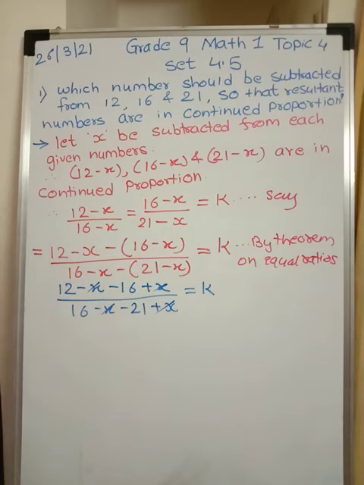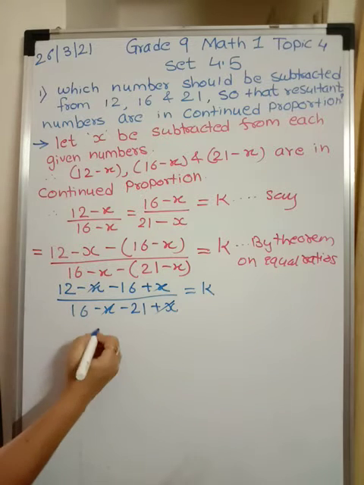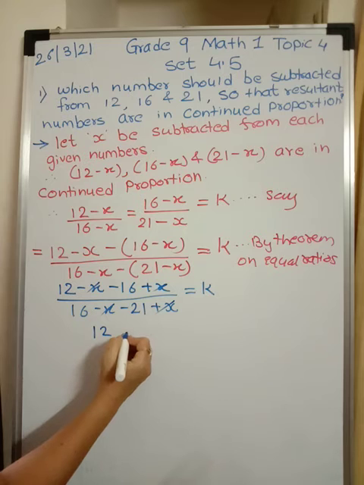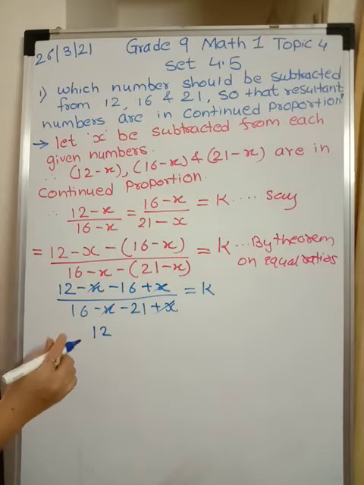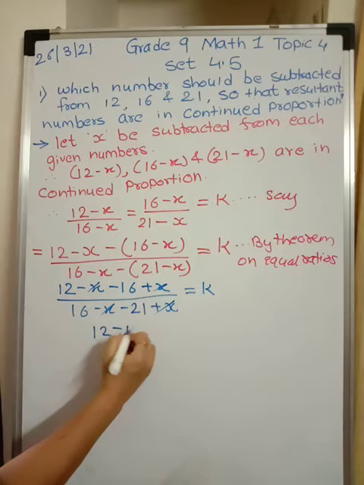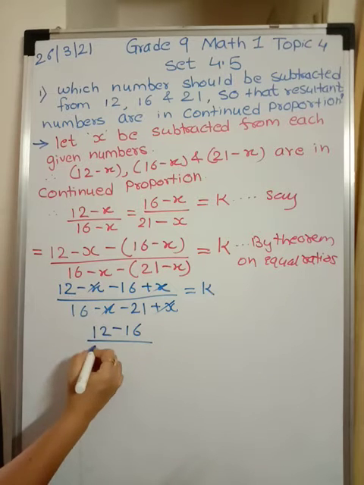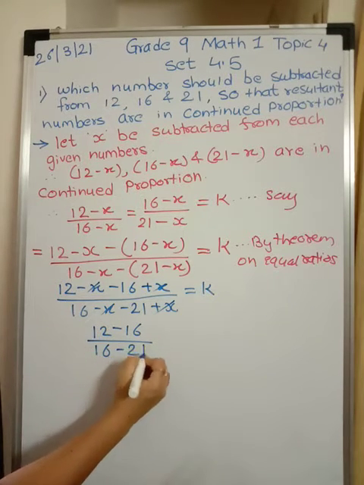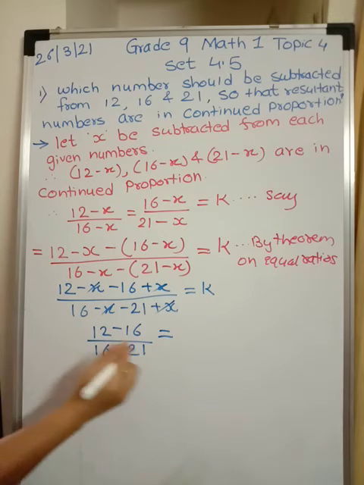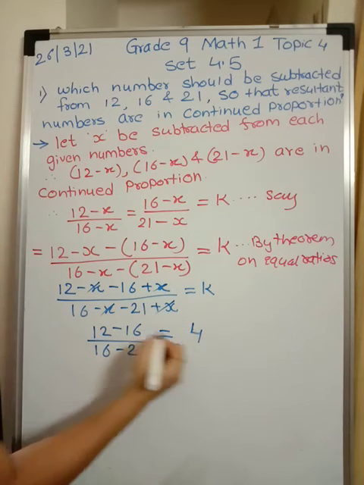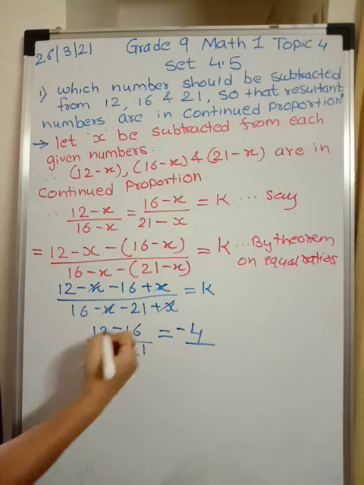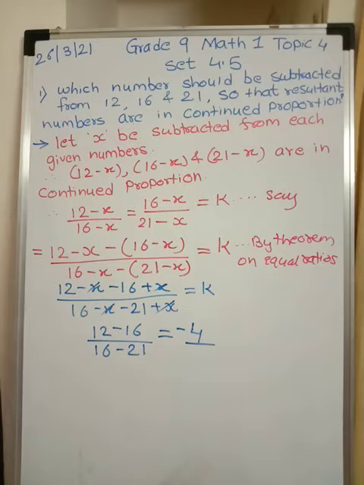I got 12 minus 16 upon 16 minus 21. Now 16 minus 12 is 4, and 16 is having the minus sign, so the answer would be minus 4.